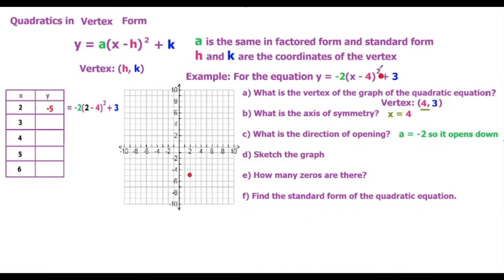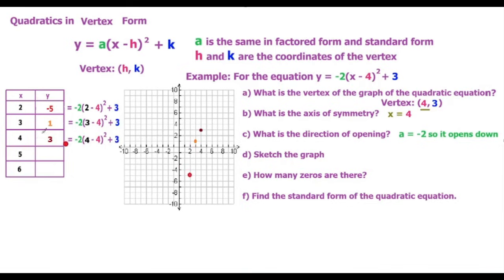When we take our equation here and we put 2 in for x and we calculate it out, we get y is -5. So our coordinate is (2, -5). Our next one is x equals 3. When x equals 3, y equals 1. So we have our coordinate (3, 1).